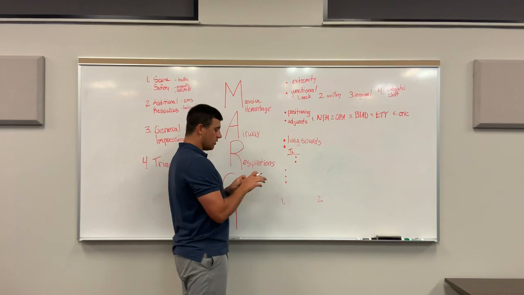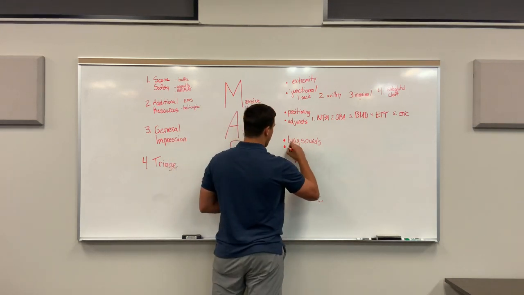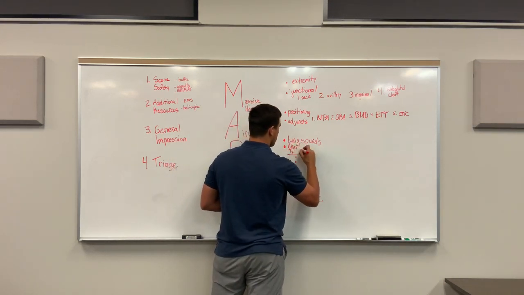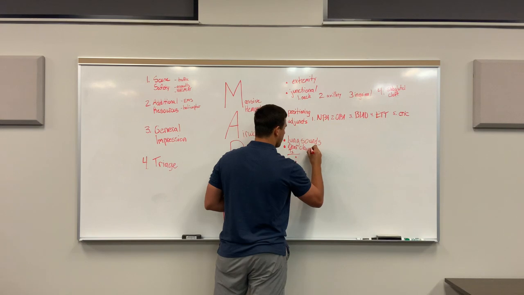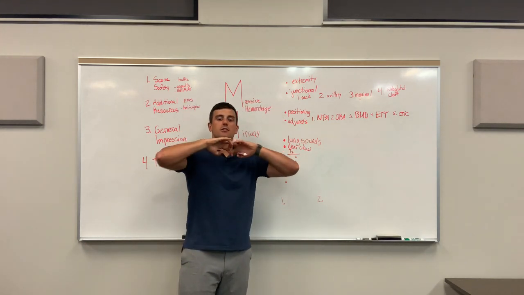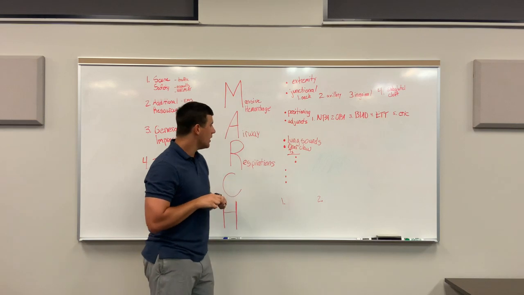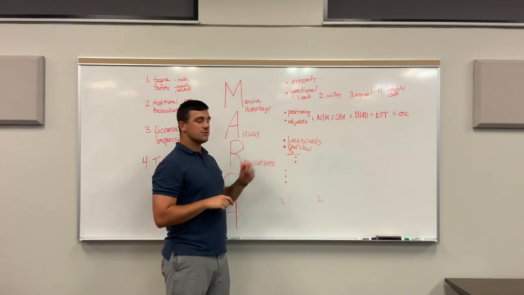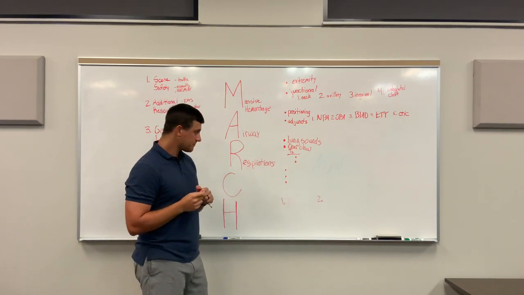So we have what's known as the bear claw maneuver. We make the bear claws with our hands and we pull it apart. We're looking for holes inside the chest.